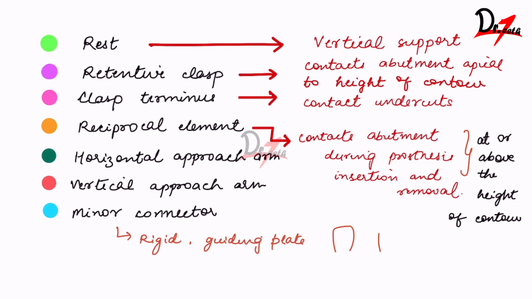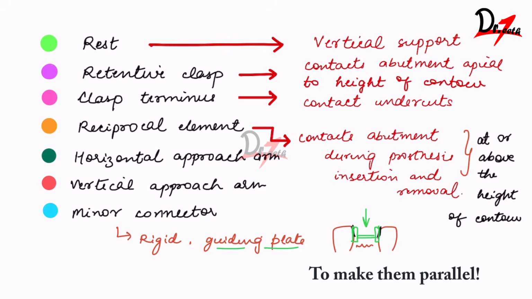Let us suppose we have two teeth right here, okay, and we have an edentulous space here. We prepare, or you can say we grind a little bit of the abutment tooth, and we place our minor connector here, okay, along with the prosthesis, right? So this acts as a guiding plate.